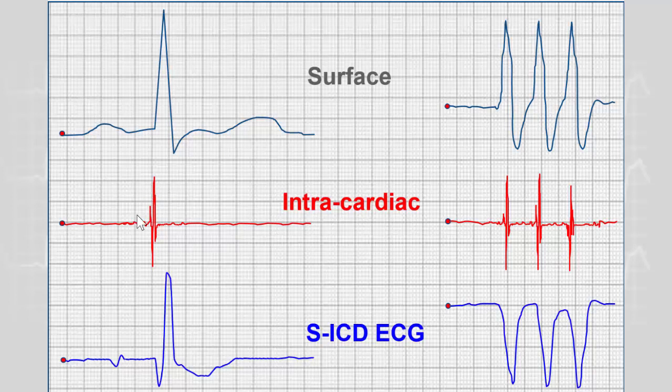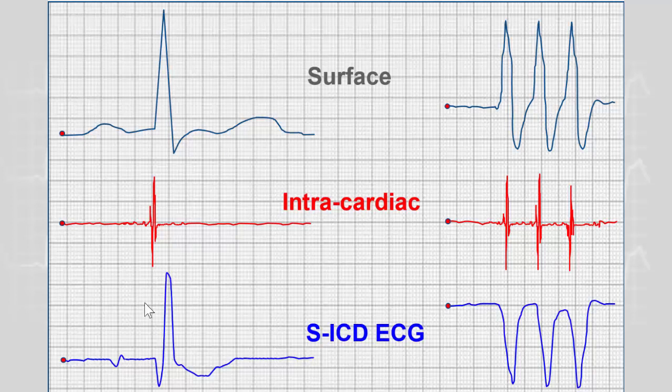If you compare the intracardiac EGM with the subcutaneous signals, you can see that subcutaneous EGMs have a lower amplitude, from 0.3 to 4 millivolts, but also a longer duration, and the frequency content is lower compared to the sharp signals recorded with intracardiac EGMs. But also we know that there is a greater postural variation in the recording of subcutaneous signals.